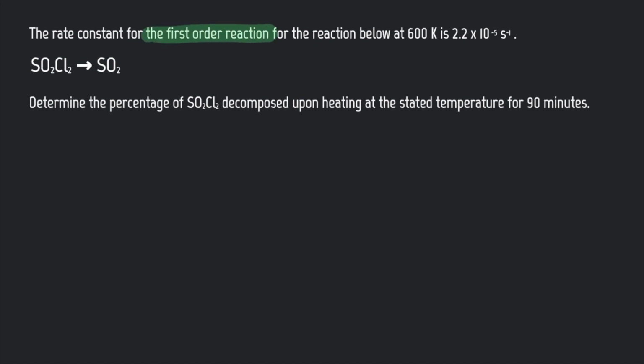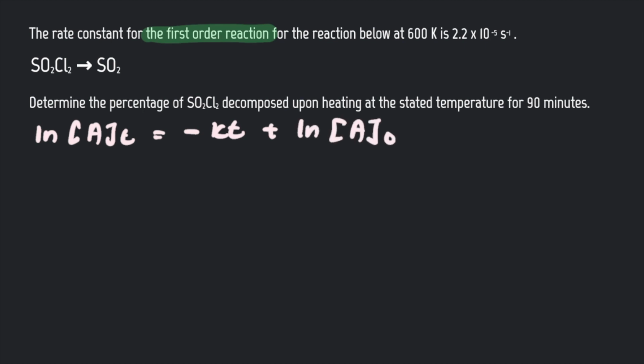You need to know that this is a first order reaction. So since this is a first order reaction, the formula that you can use is ln At is equivalent to negative kt plus ln A naught. So what else is given to you in the question? It states that the rate constant, which is k, is equivalent to 2.2 times 10 to the power of -5.